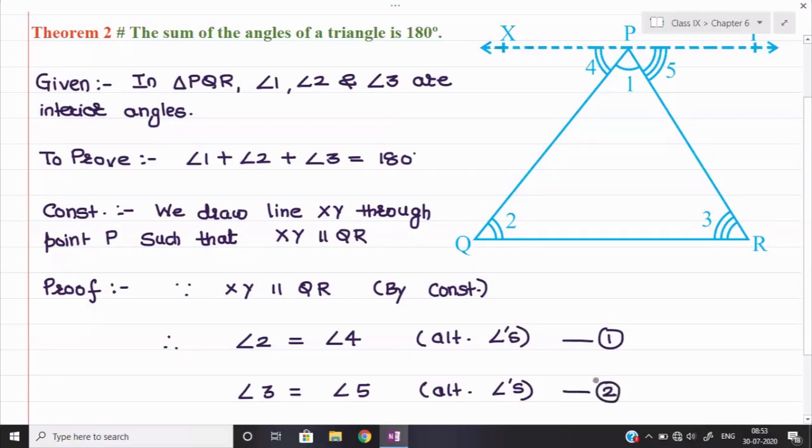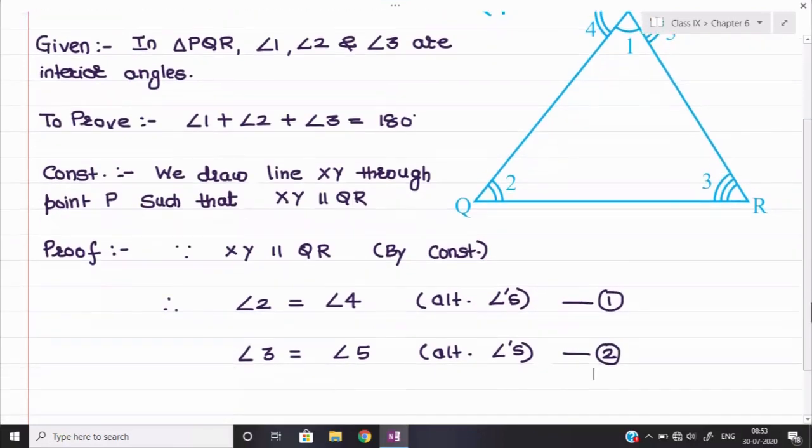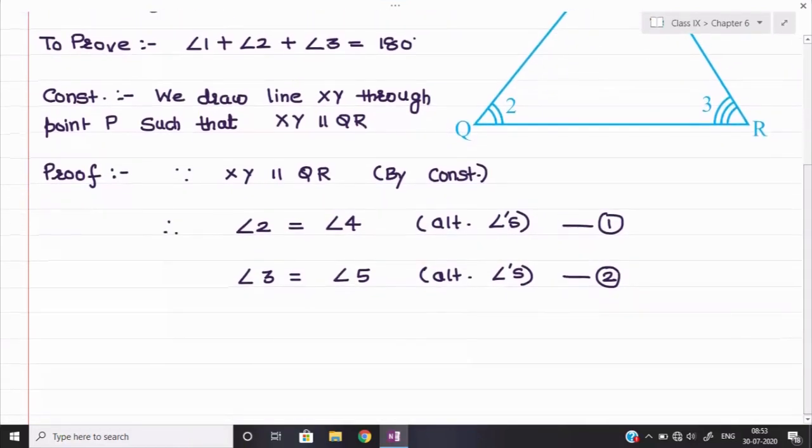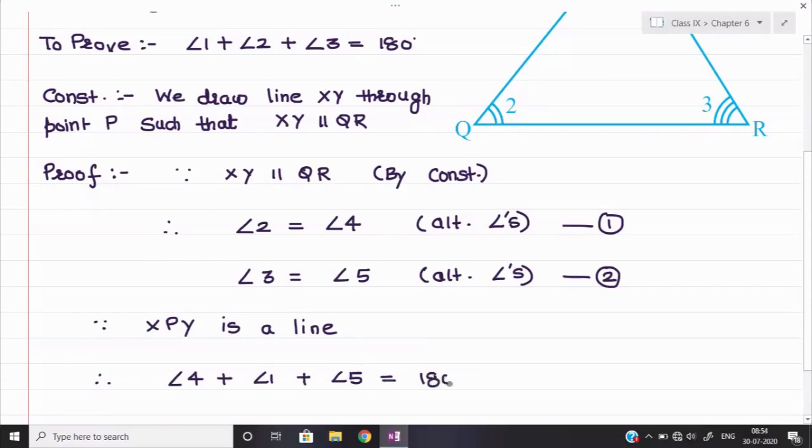Okay, now look at angles 4, 1 and 5. Observe, if you add all the three angles, it is forming a complete semicircle. So 4 plus 1 plus 5, I can say equal to 180 degree. So here we shall write down, since XPY is a line, therefore angle 4 plus angle 1 plus angle 5 will be equal to 180 degree.